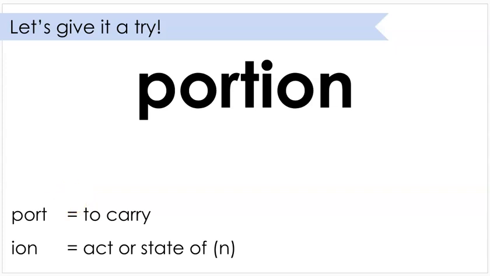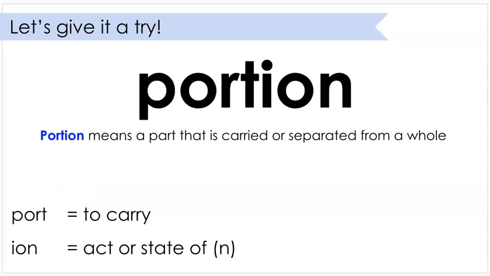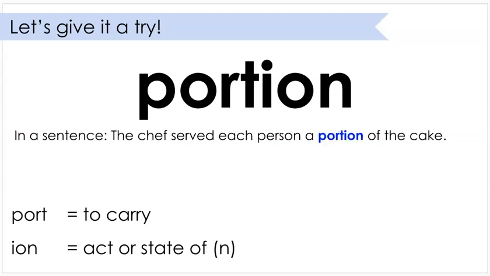Again, the act or state of, what would that be? Portion refers to a part that is carried or separated from a whole. So it's the state of being carried away or removed. In a sentence, you might hear it said, the chef served each person a portion of the cake. It's a piece that was carried to someone else.